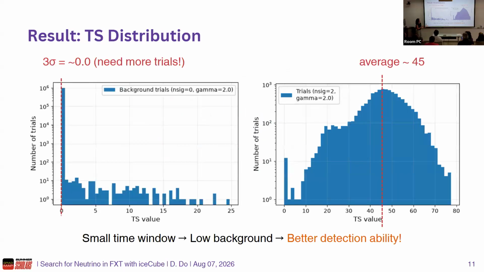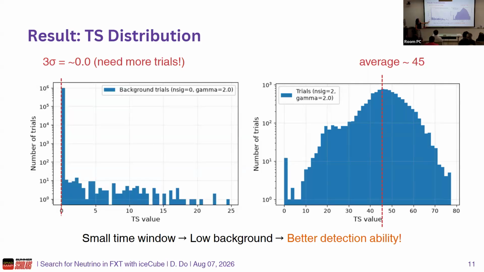Not only that, we also calculate the TS distribution, the test statistic distribution. To be able to tell whether the data set contains signal data as well, we first want to have a picture of what the TS values will look like when it's just background versus when there's signal in it.